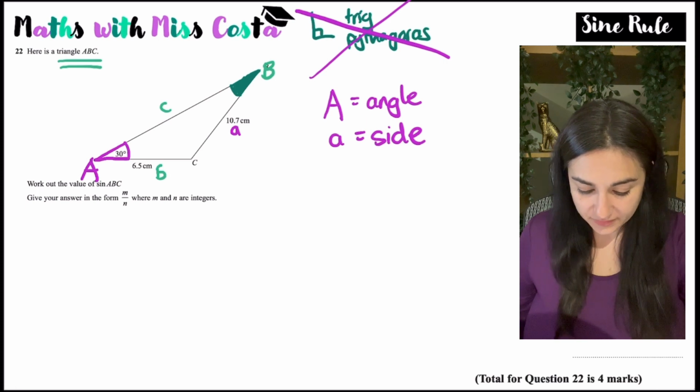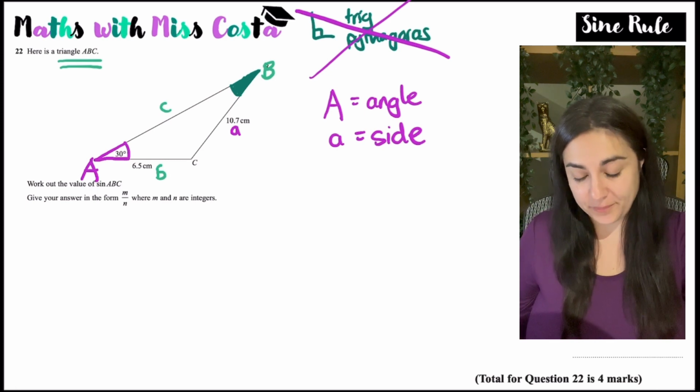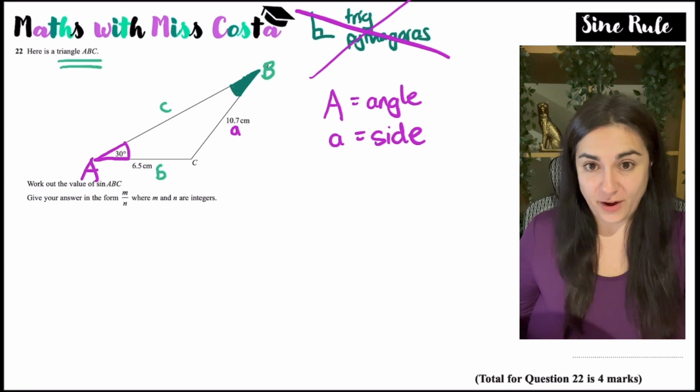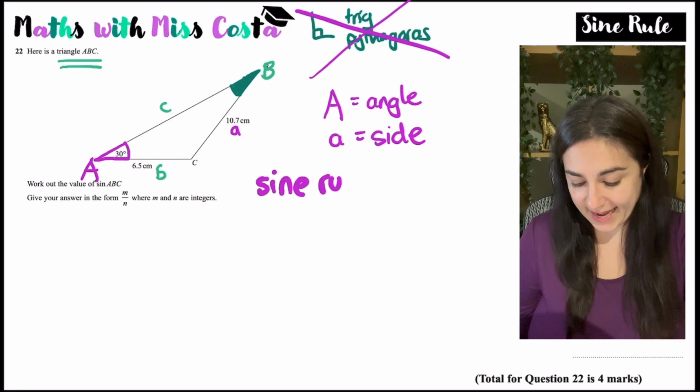So what can I do? Well, I've been given an angle and two sides, and I'm trying to figure out a final angle. So the sine rule is going to come in really handy.